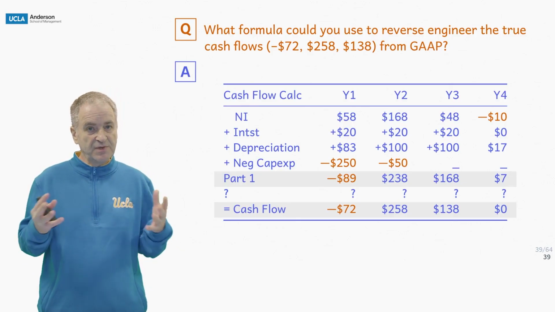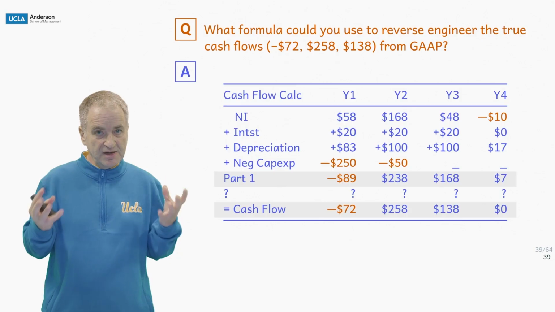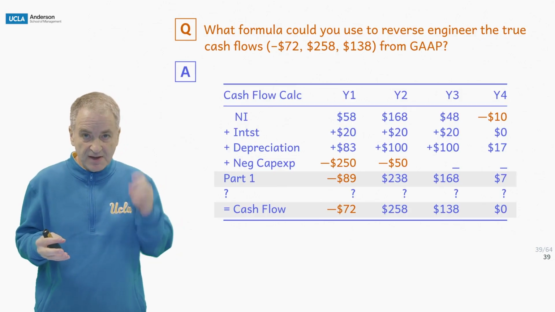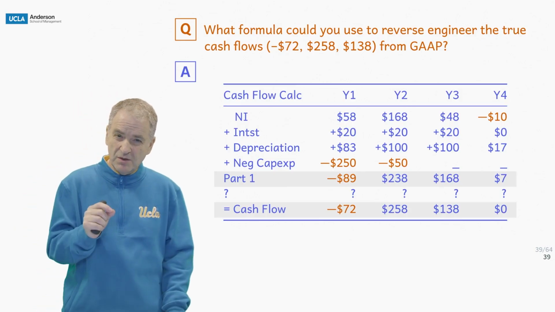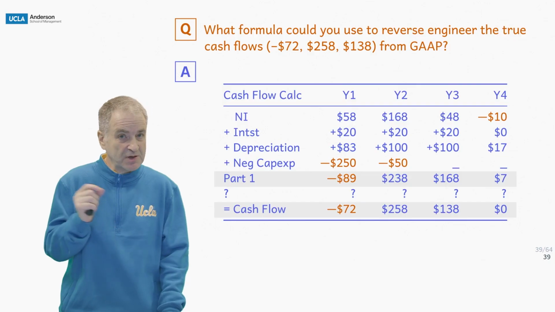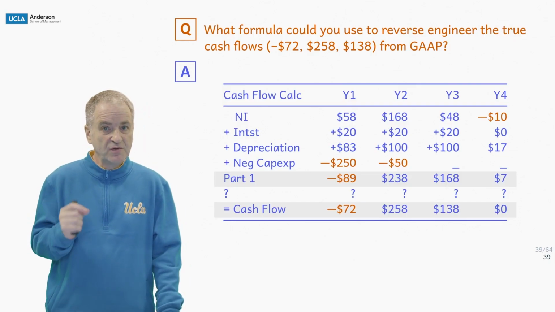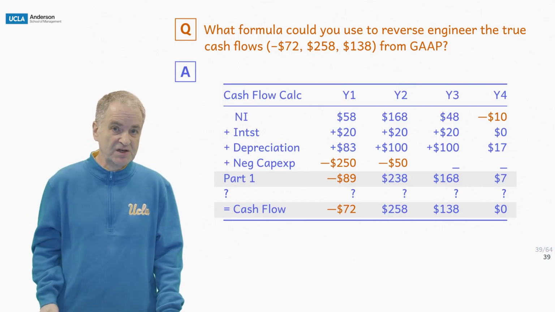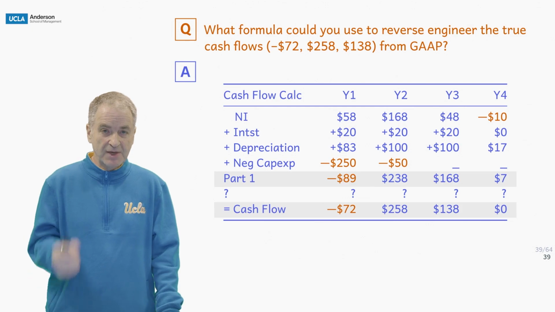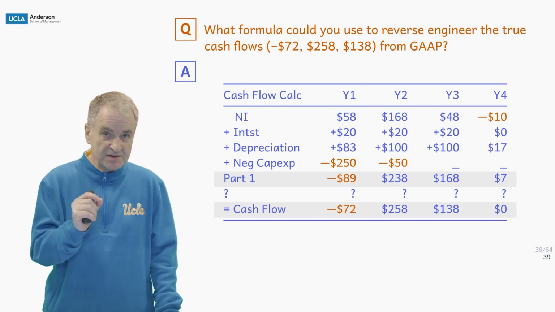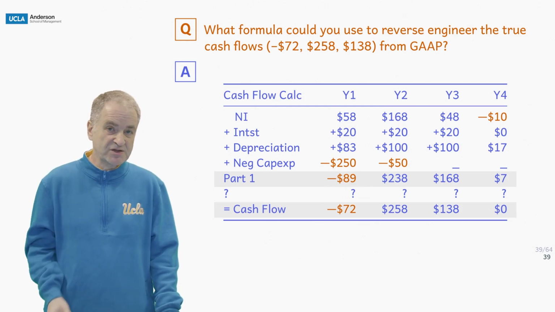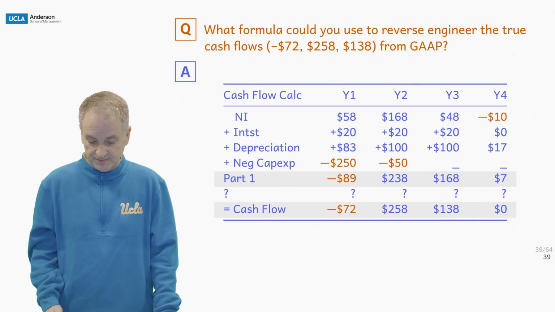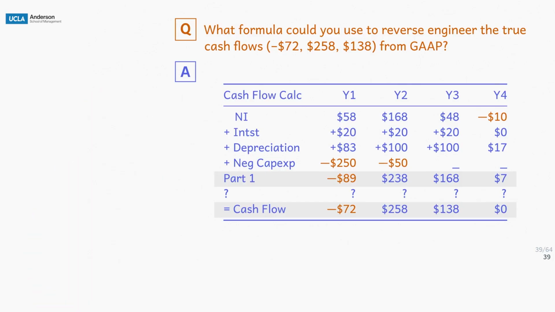This is the part one, the public income statement that you can see. And what you want to come out are the cash flows. And because the project is still the same, of course, you want this to be the minus 72, 258, 138. You fill in for me, please. What should be where the question marks are? Please pause this video now, answer the question on a piece of paper, and then continue.